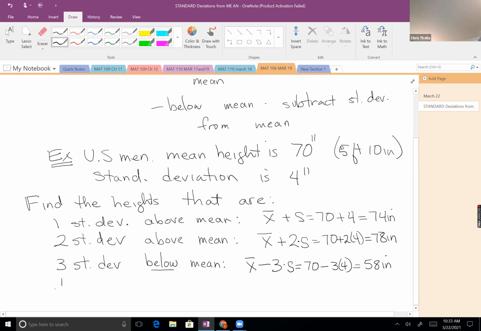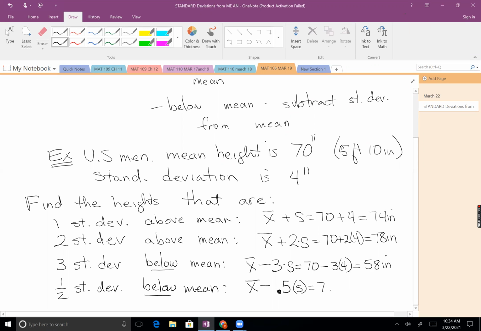And last, let's look at 1/2 a standard deviation below the mean. Since it's below, we're going to subtract, and we want 1/2. Am I correct in assuming that in terms of multiplying, everybody's more comfortable with 0.5 than 1/2? Yeah.